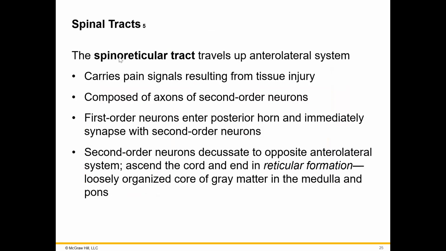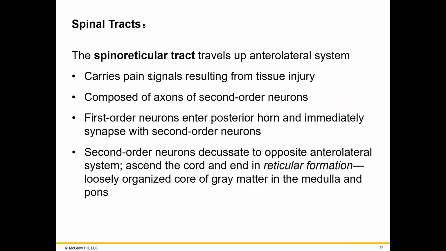Now look at this, spinoreticular tract. That is the tract, you know the name: reticular, spinal, that's the spinal cord. What does reticular mean?